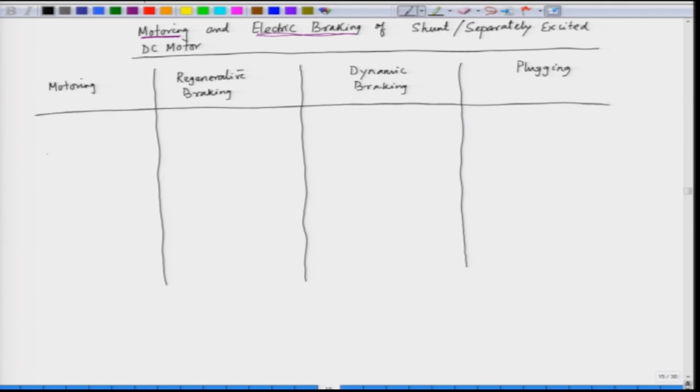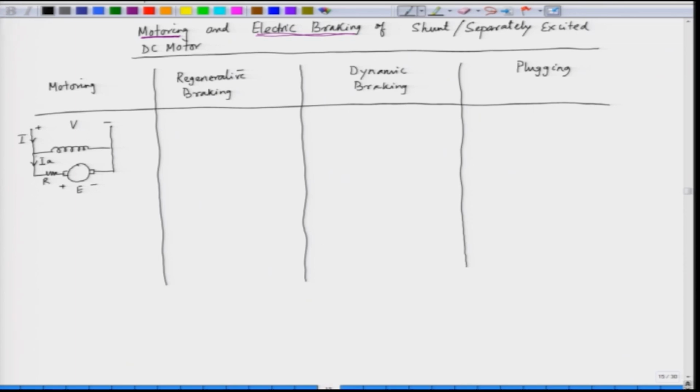Now, let us take up a DC motor here. We have the field and we have the armature, and this is applied with a voltage V. The armature is carrying a current I A, the armature resistance is R, and the back EMF is E. In motoring the current enters the motor and there is a conversion from electrical energy into mechanical energy.